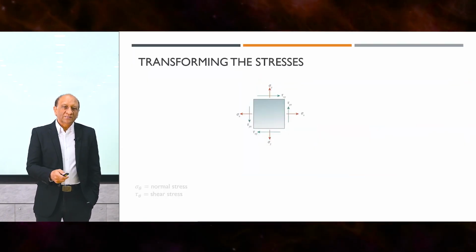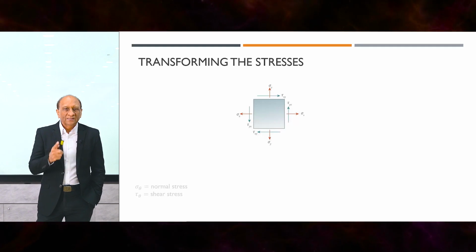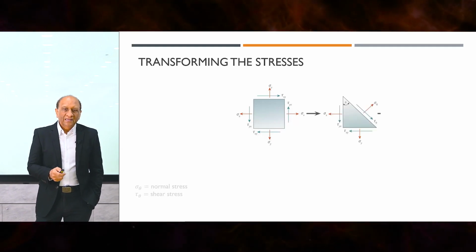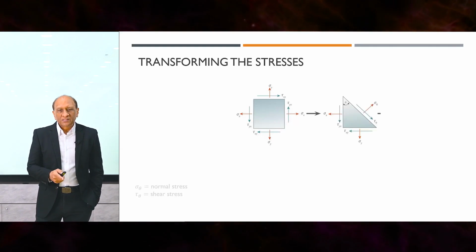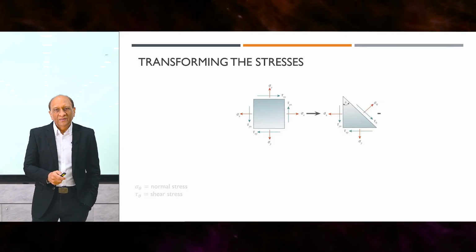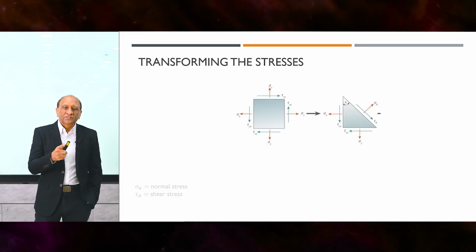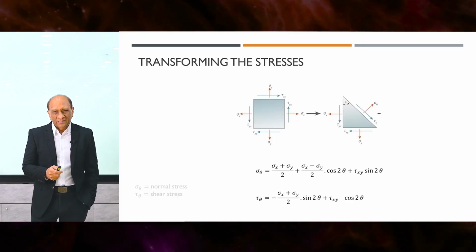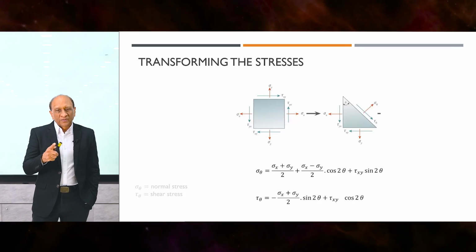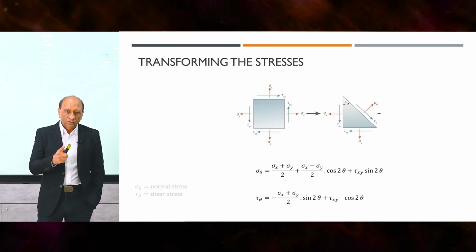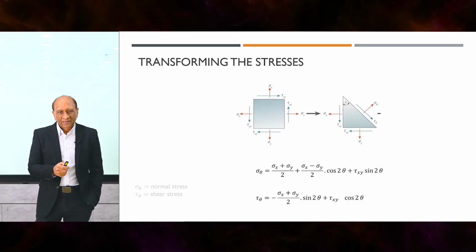Now if you look at the axial stresses and the shear stresses, and you transform them, then you can calculate the principal stresses, or you can calculate stress resultants on any plane, and those can be given here.